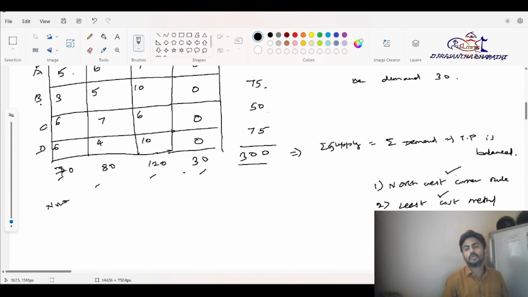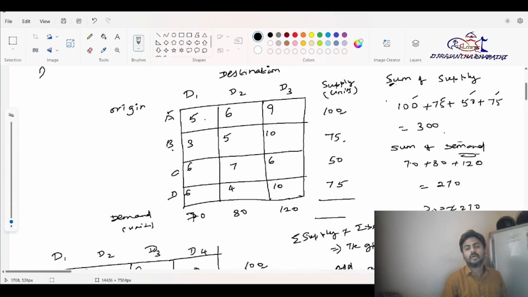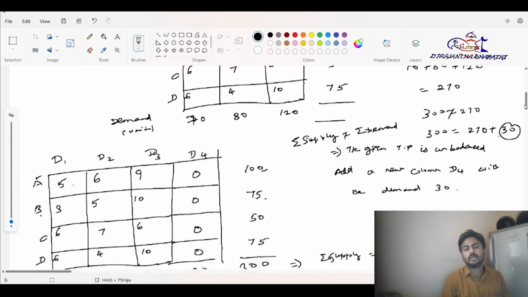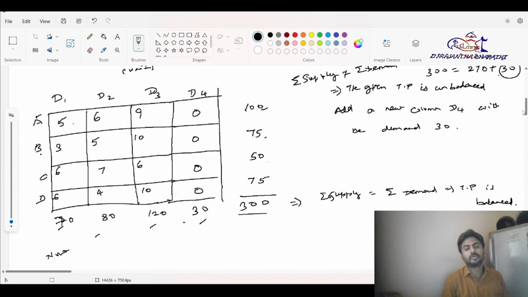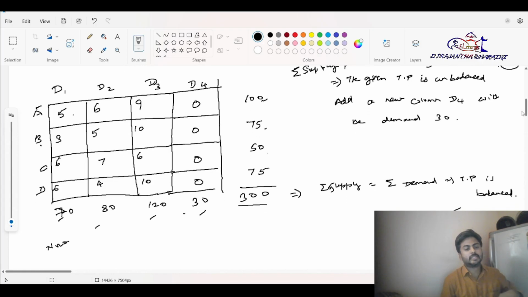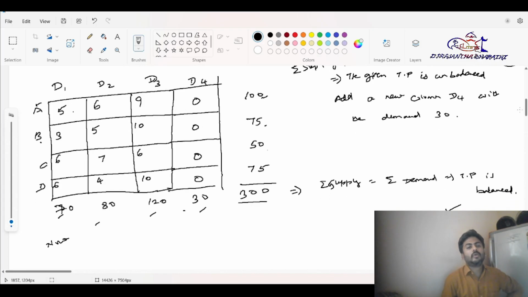Okay, so now we are going to solve this problem. Now see, you are having this table, this is unbalanced, and after that you are having a balanced problem like this. Now in this balanced problem you are going to do the Vogel's approximation process.